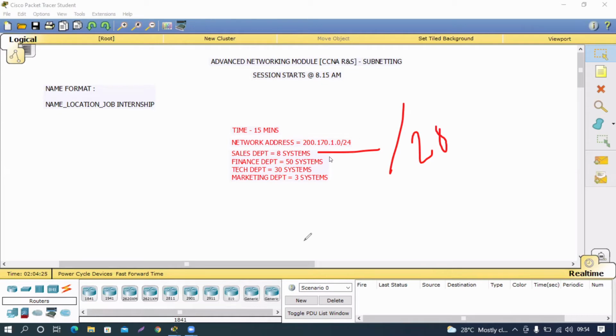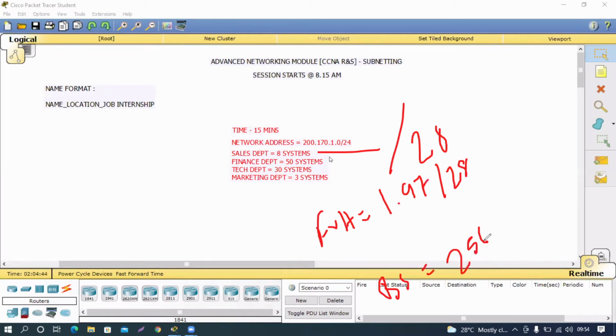So your first valid host address becomes 1.97 slash 28. Then your block size will be 256 minus 240, that is 16.